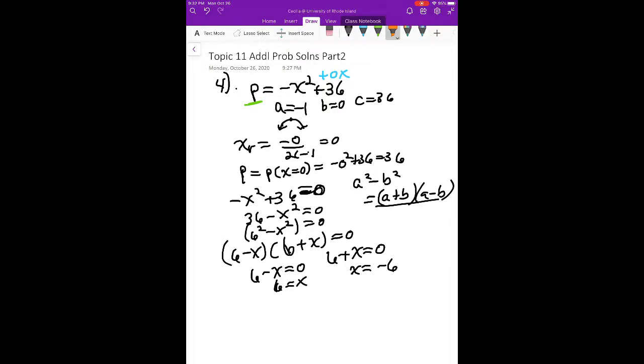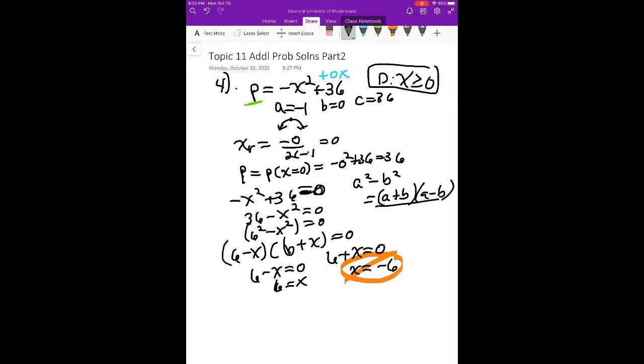The problem is, we know when we're talking about supply and demand that x, the domain, has to be greater than or equal to 0. Okay, we cannot have quantities that are negative when we're doing business functions. So that means we are automatically going to eliminate this as a possible x-intercept.